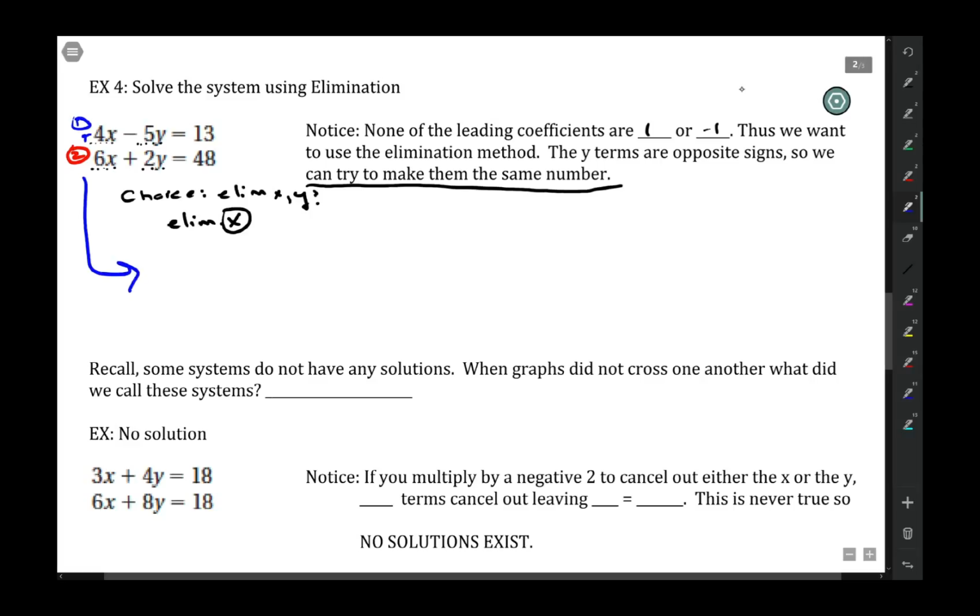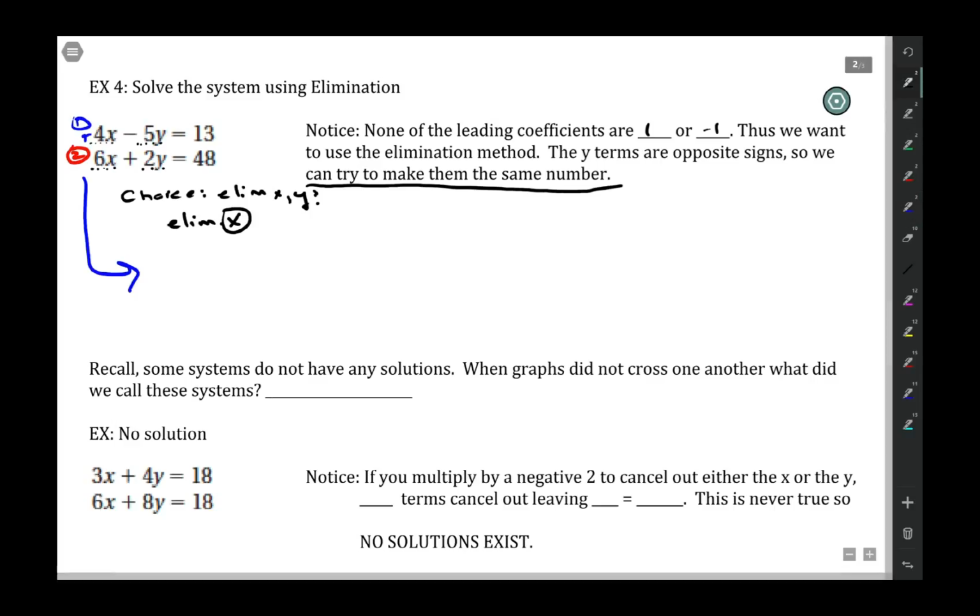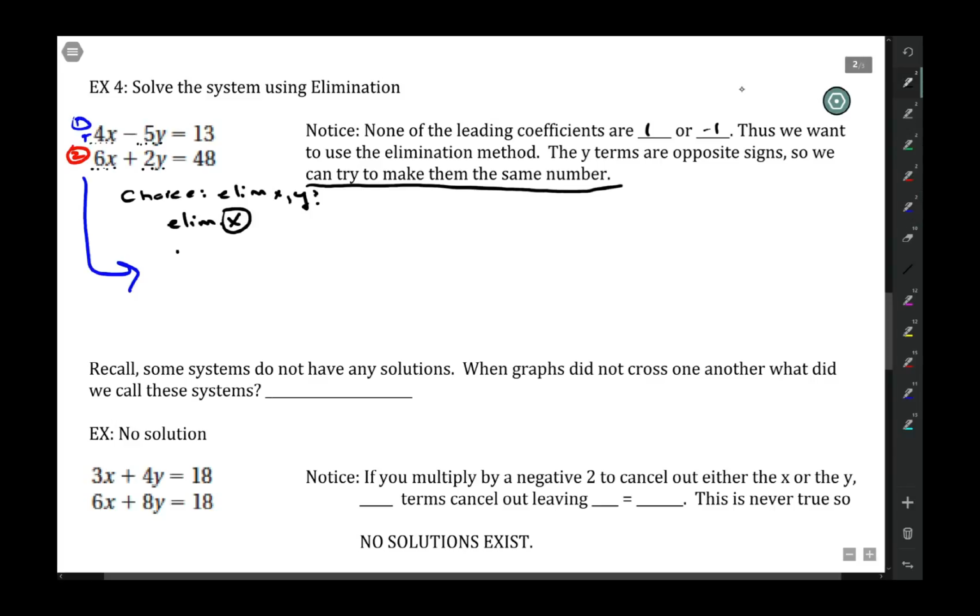I need to get 5 and 2 to be opposites with the coefficients. So simply put, if I multiply the first equation by a 2, let me rewrite it here. And I'm going to multiply it by a 2. And the second equation, I'm going to multiply by a 5.